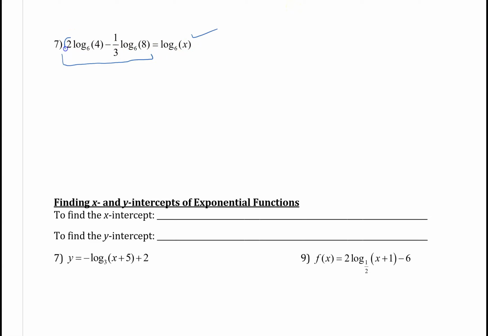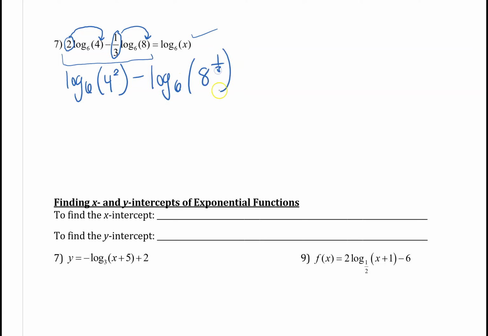I'm going to use the power property, like I mentioned earlier, to bring 2 inside and make it an exponent of 4. I'm going to do the same thing with the 1/3 here. So I get log base 6 of 4 squared minus log base 6 of 8 to the power of 1/3 equals log base 6 of x.